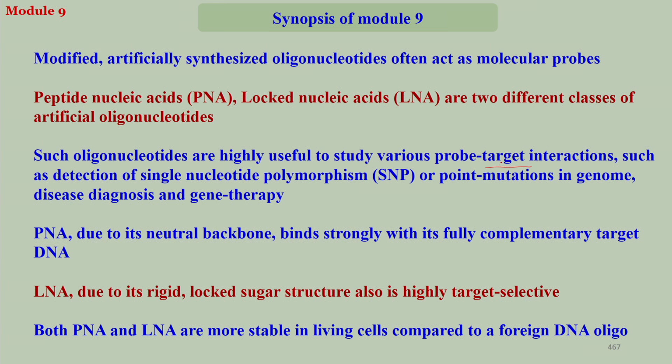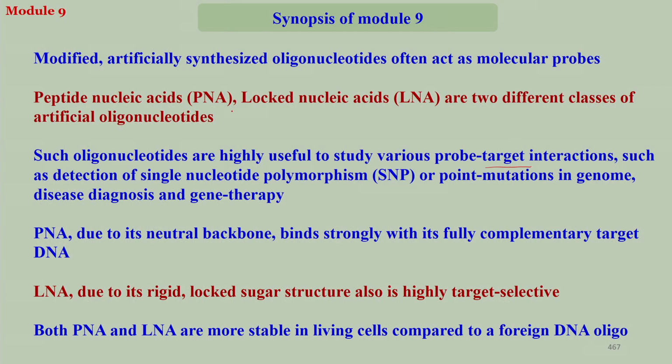Most of the applications of the PNA and locked nucleic acids, you will find that they are to study the RNA, especially the messenger RNA, the presence of the messenger RNA or where the messenger RNA is moving. Live detection or time dependent detection of the movement of the messenger RNAs in the cells is studied a lot using these kinds of artificial oligonucleotides.